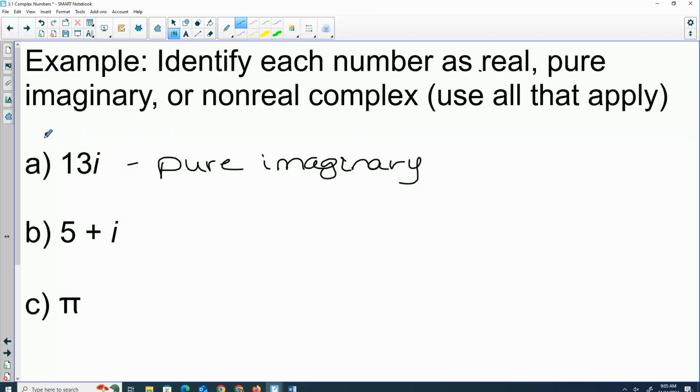It doesn't say anything about a. Isn't this the same as 0 plus 13i? So by that definition, this is also non-real complex. So if it's pure imaginary, it also falls into the non-real complex umbrella. So we have to put both of those? Yes.